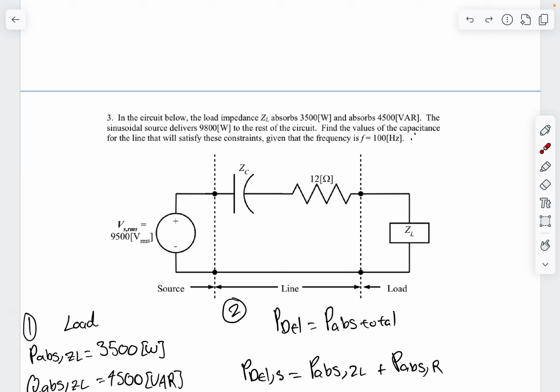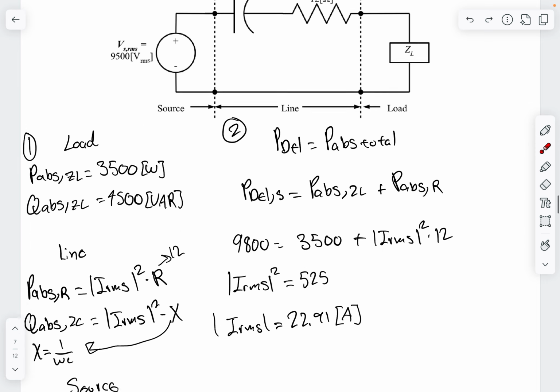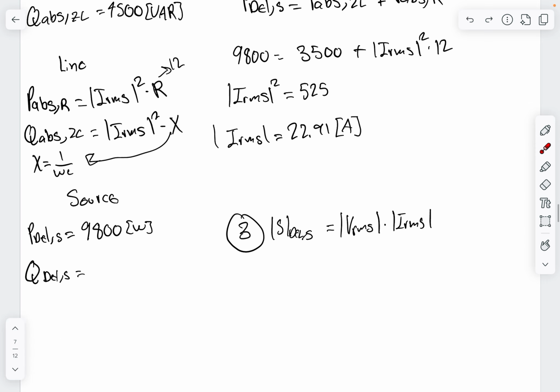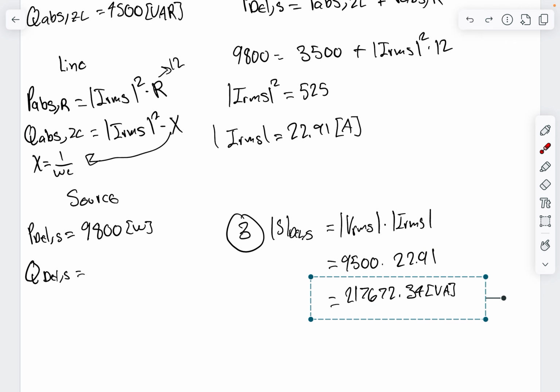The voltage is going to have an angle, but we're just going to use that as the magnitude. So it's 9,500. Perfect. If we just multiply both of these, we get that the magnitude of the apparent power for the voltage source is 217,672.34 VA. Perfect.